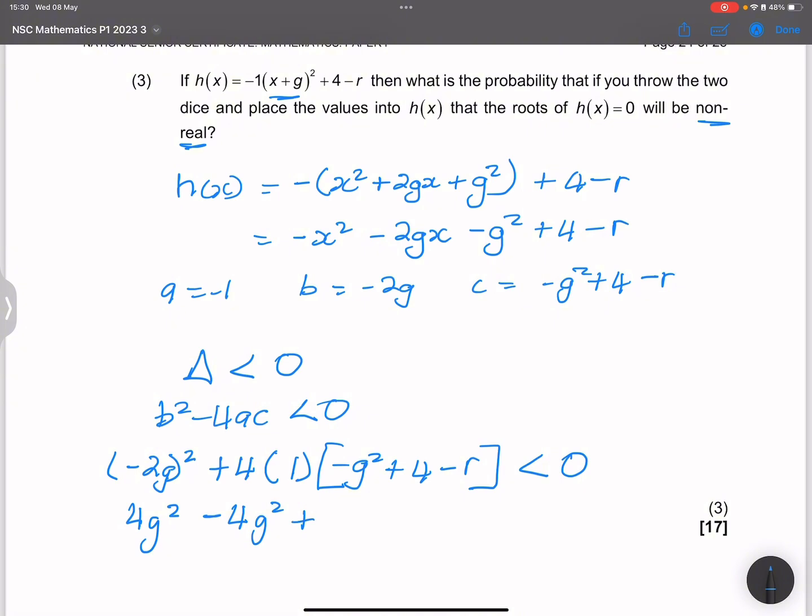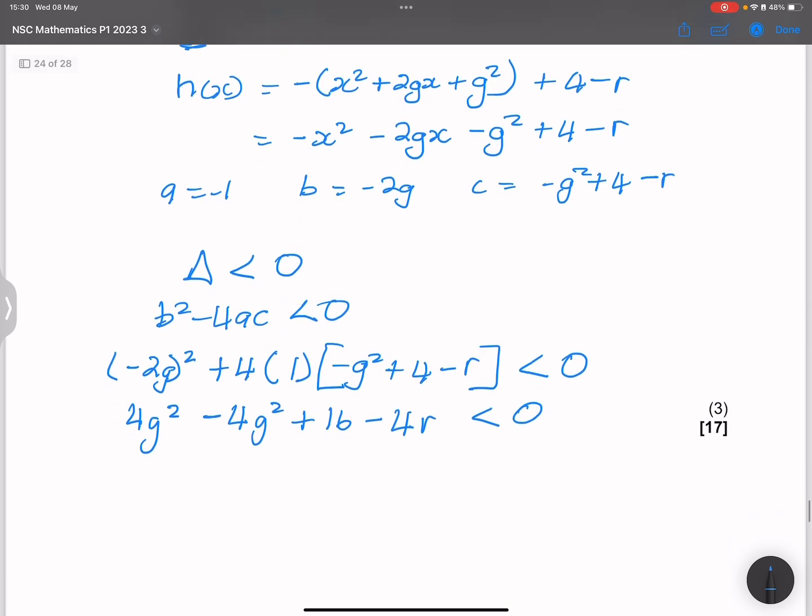Plus 16, right? 4 times negative r would be negative 4r. Should be less than 0, right? And look at what happens there. That cancels out. So that means that negative 4r should be less than minus 16.